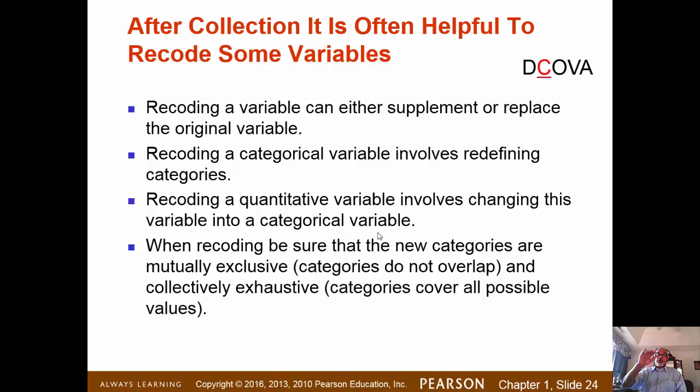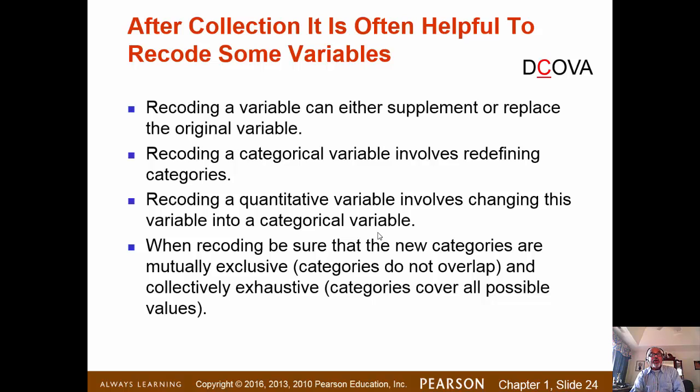Now sometimes we may want to take a quantitative variable and convert that into categories. For example, if you have salary and you want 20 to 30,000 in one category, 30 to 40,000 in category number 2, 40 to 50,000 in category number 3, and so on.